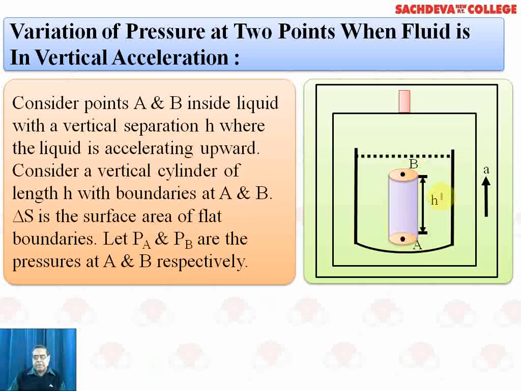The density of the fluid is taken as rho. PA and PB are the pressures at A and B, and delta S is the area around the points A and B.